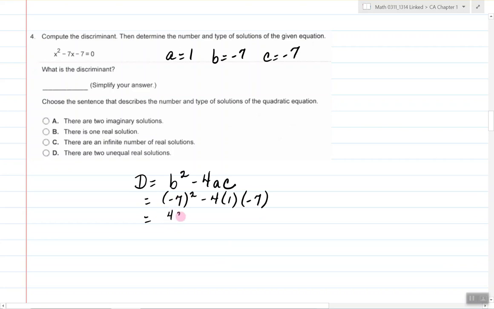That's 49. Negative times positive times negative. That means plus 28. So I get 71. So my discriminant is 71. That's a number greater than 0. That means that I have 2 unequal real solutions.